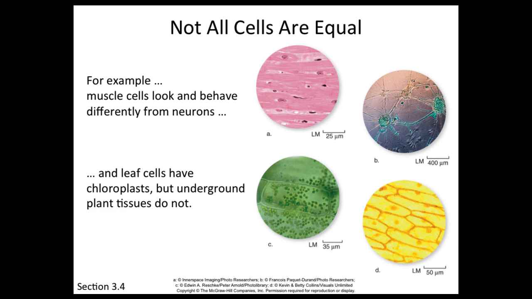For example, muscle cells look and behave very differently from neurons, and leaf cells have chloroplasts, but underground plant tissues such as roots do not. So this is just a couple examples about how there are a huge diversity of cells that are found in organisms.